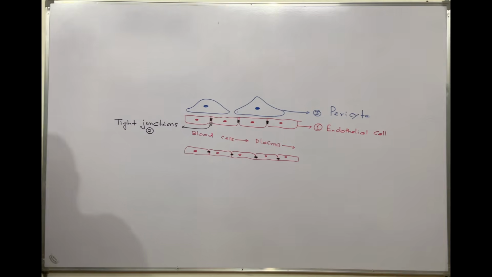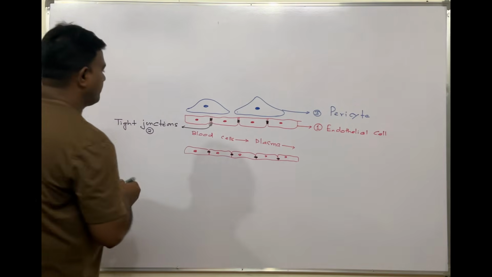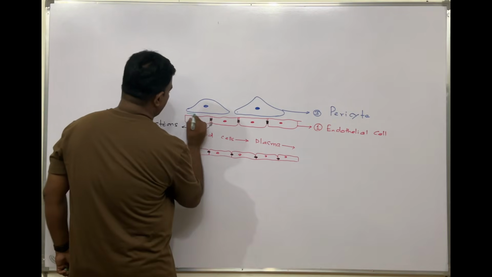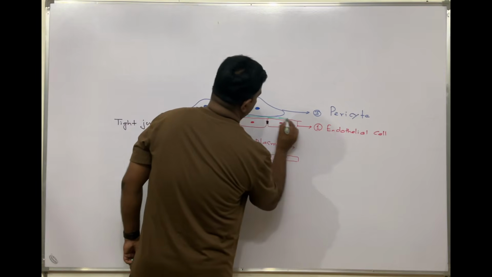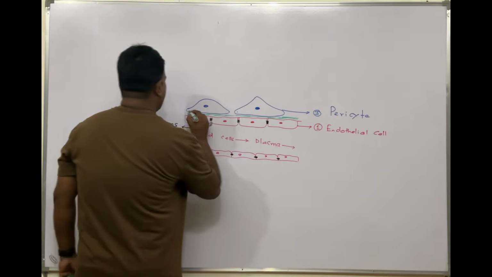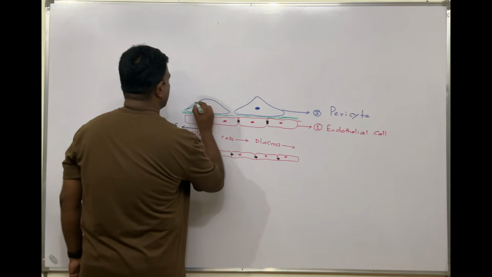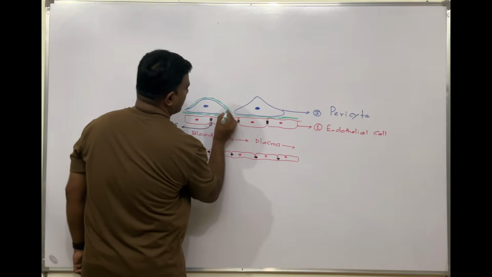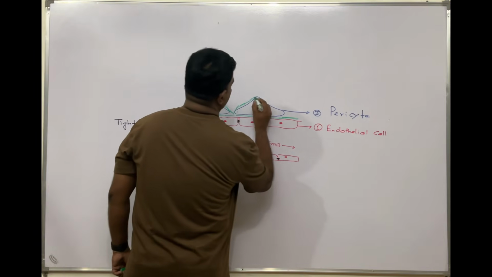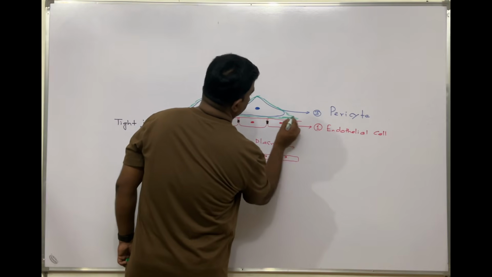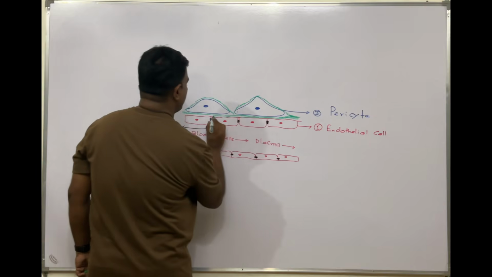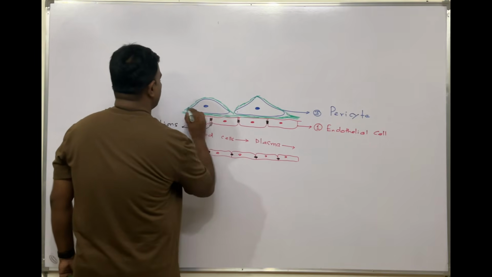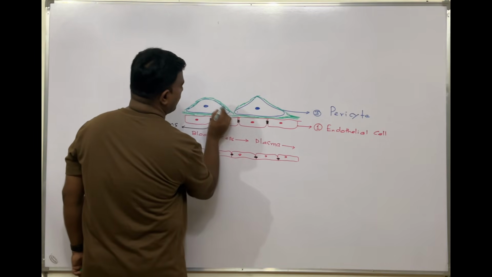Now I can use the green one. Here you are seeing the basement membrane, and interspersed in that is the basal lamina, where you are seeing these pericytes. So this is that basal lamina, basement membrane. We'll see in detail their anchoring role.